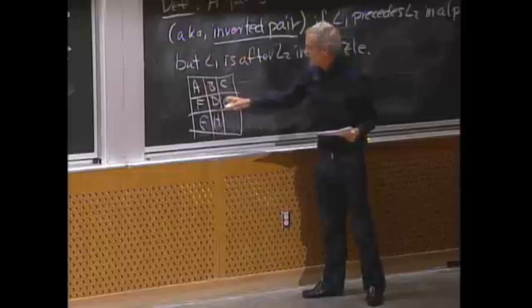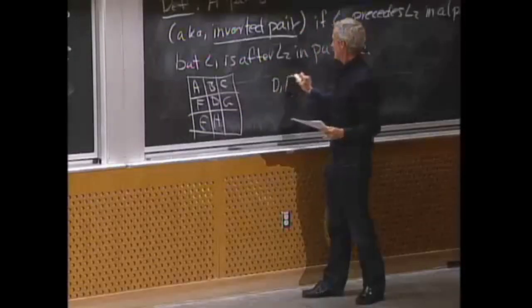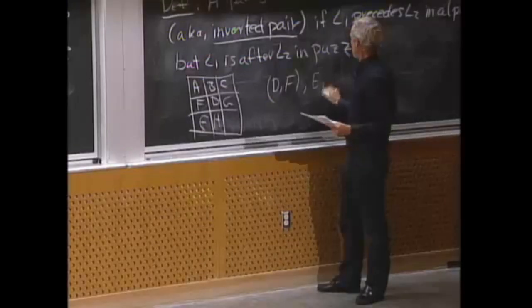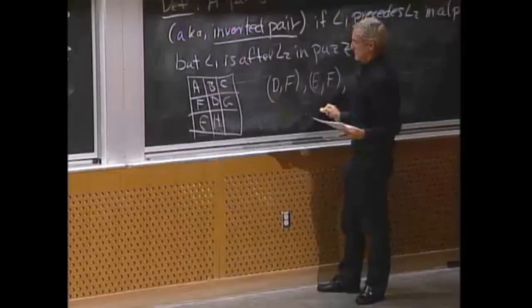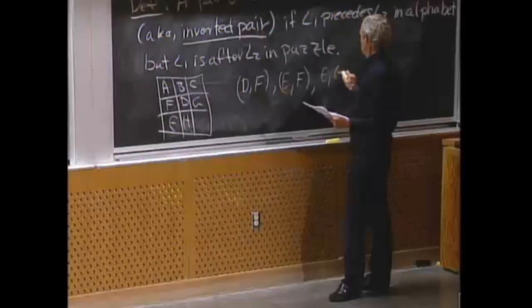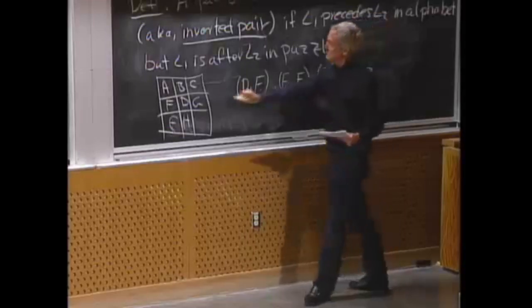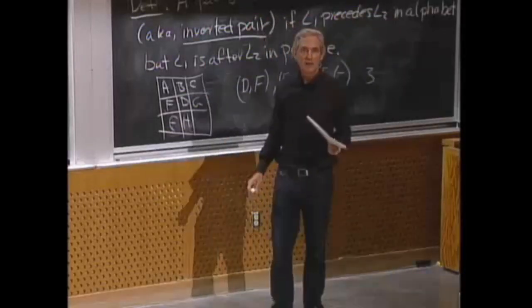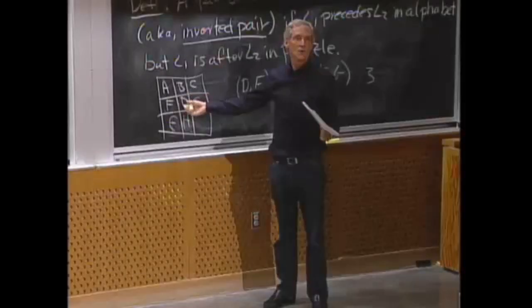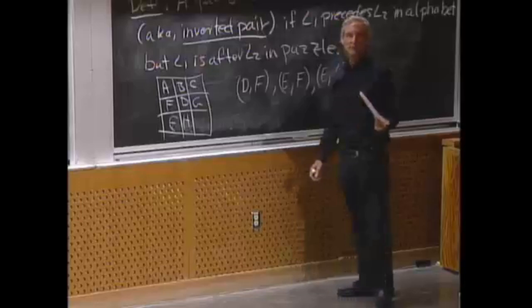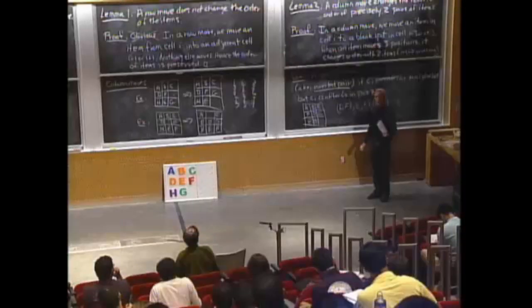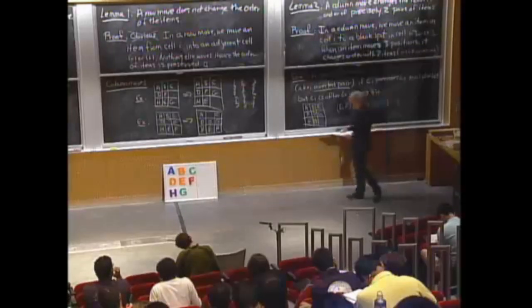D is after F. Yeah, DF is an inversion. EF is an inversion. And what's the last one? EG is an inversion. Yes, so the answer is there's 3 inversions in this puzzle. And if I keep doing row and column moves to this, what do I know about the parity of the number of inversions? Will always be odd. That's sort of interesting.